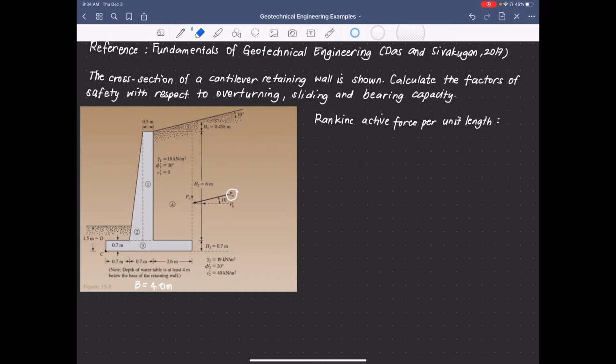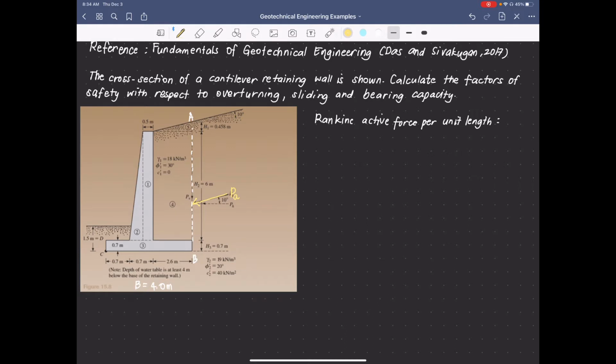If you remember, for the cantilever wall, you have to consider a line here, which we call line AB. Here, this line. Okay. And this will be our force, PA. Okay, let me just enlarge it.